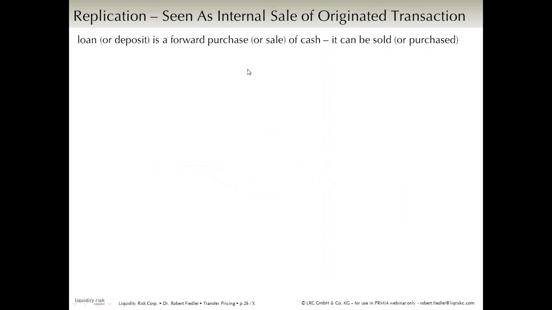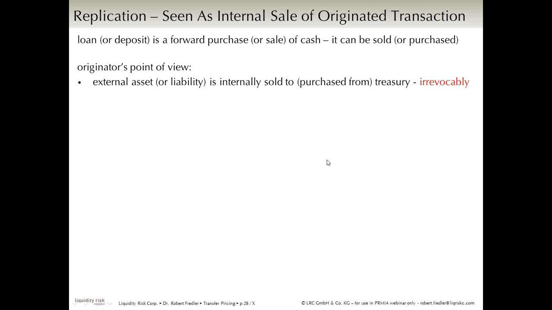It could be a replication seen as an internal sale of an originated transaction, because a loan or deposit is a forward purchase or sale of cash and can therefore be sold or purchased as well. So the originator's view is that external assets are internally sold.